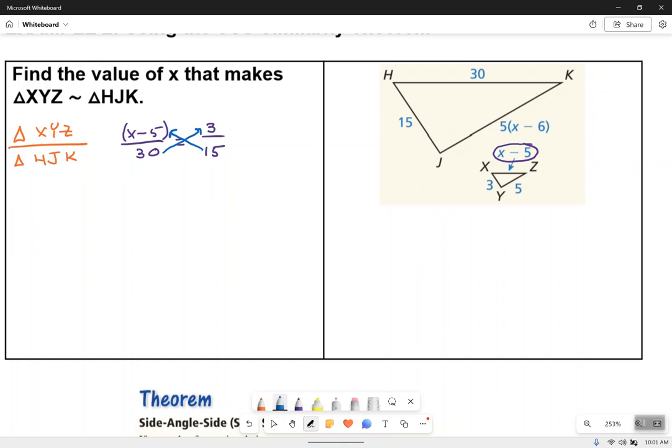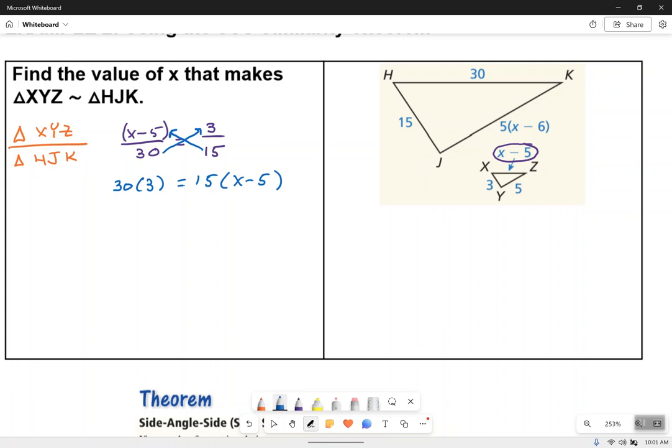Guys, you agree that 1/2 is the same as 5 over 10? What's 1 times 10? What's 2 times 5? They equal, right? So won't one cross product be 30 times 3? Won't that equal 15 times (x minus 5) right here? All agree?